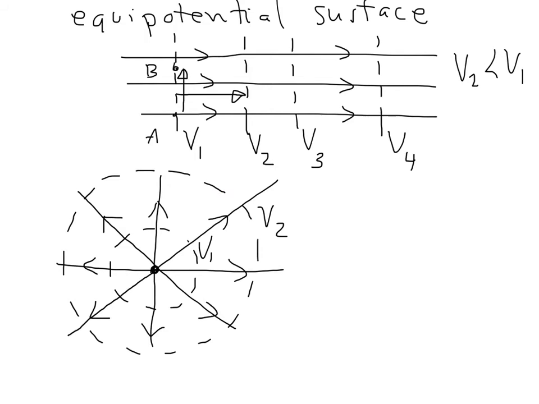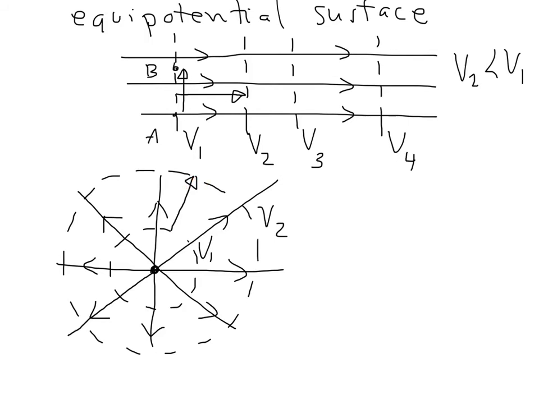Again, if I were to make a delta R vector going from a point on the inner sphere to the outer sphere, that delta R is in the same direction as the electric field everywhere along here. Now the electric field does decrease in value.